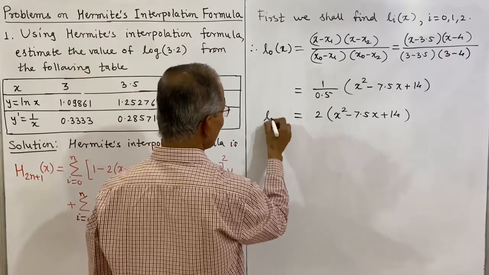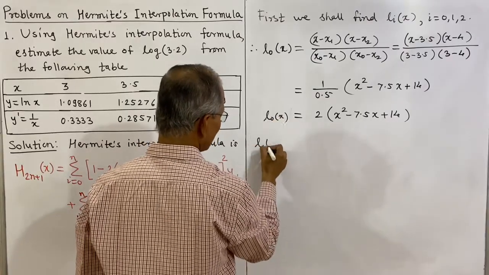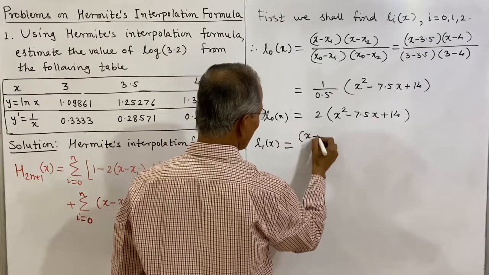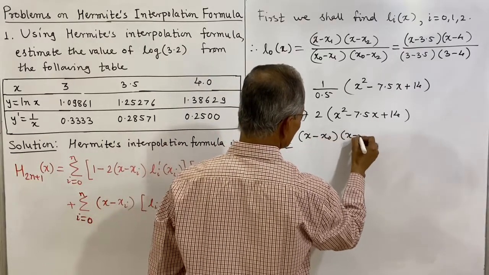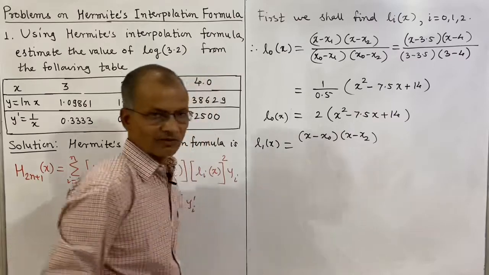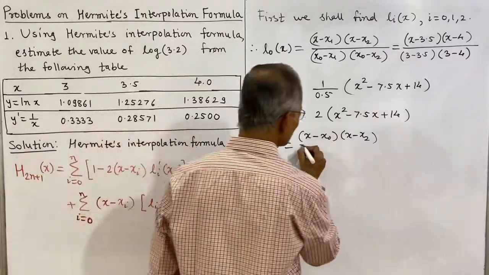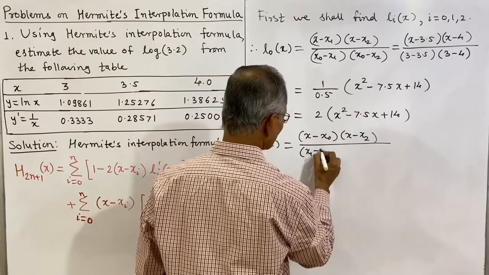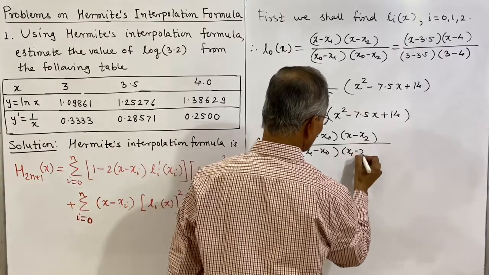Similarly L1 of x is to be obtained. L1 of x will be x minus x0, x minus x2. X minus x1 will not be there, and in the denominator x is to be replaced by x1: x1 minus x0, x1 minus x2.